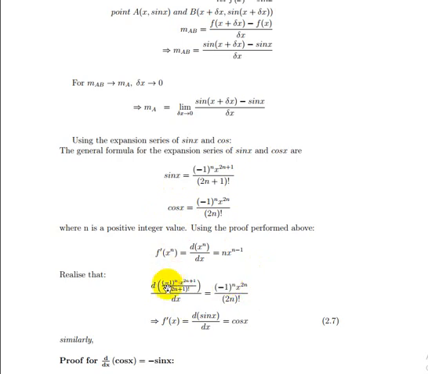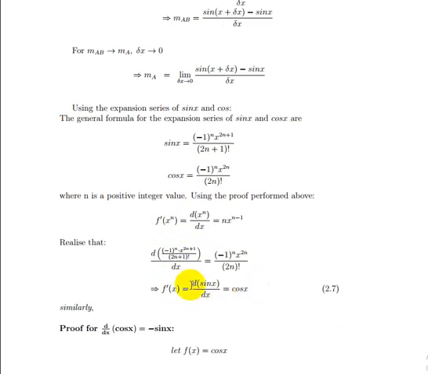If you differentiate, this is a constant, this is a constant. When you differentiate it, I'm just going to subtract 1 here, and then multiply by 2n. So you realize that you're going to have this similar. So this is the answer you're going to have if you differentiate this. This is equal to this, and so you have proved your first equation here.